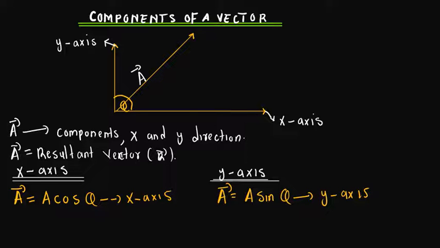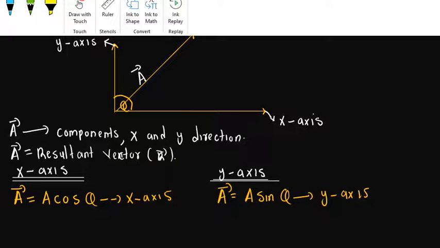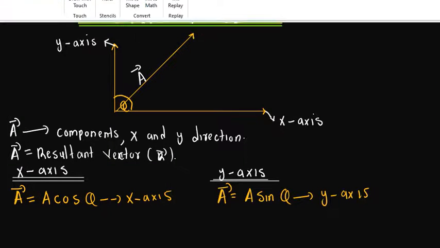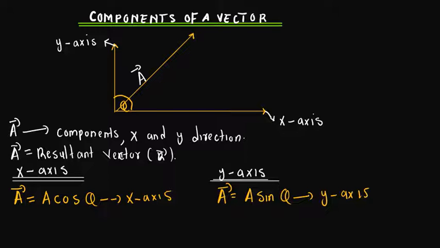So in this case, in the x-axis, we shall have A cosine the angle theta. That is the A vector equaling that. In the y-axis, we are going to have A vector equaling A sine the angle theta.